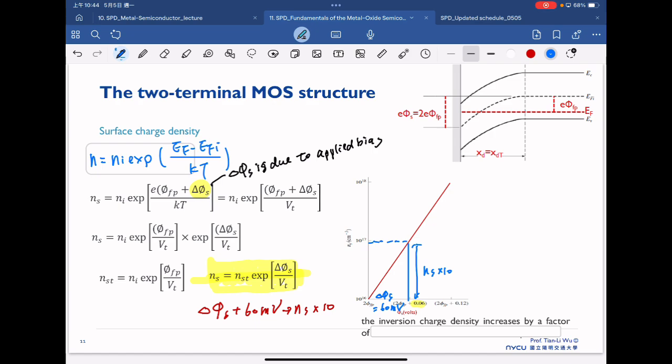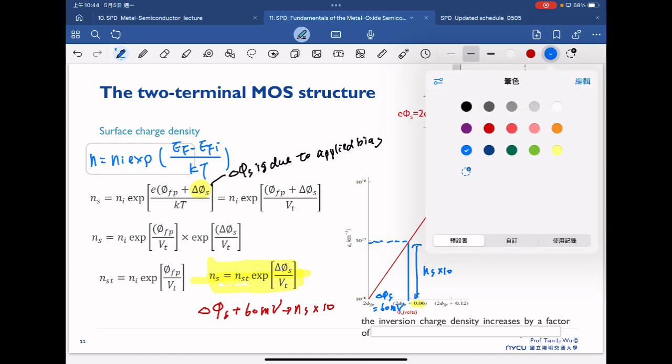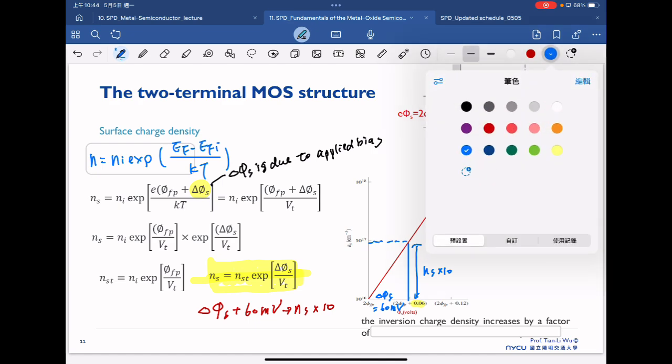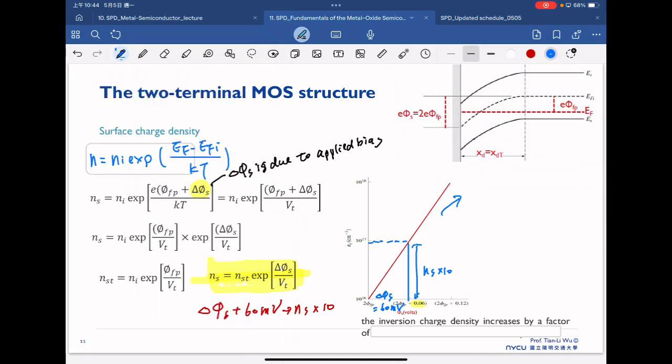So in the end, if you look at this graph of Ns versus phi s, it will have the same result in the case of our current versus voltage, ID versus VG, if we put it in log scale.